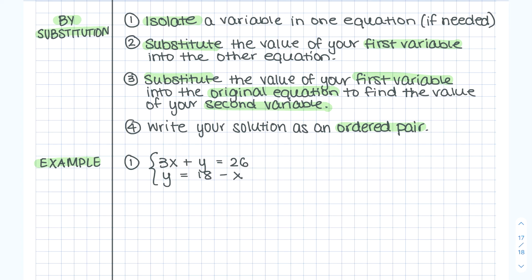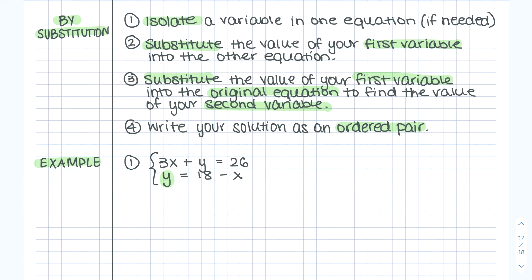Our first step says to isolate a variable in one equation if needed. When I'm looking at my equations, I notice that y is already all by itself on one side of the equation, which means that y is already isolated. So I do not need to do anything here right now. I can skip that first step.